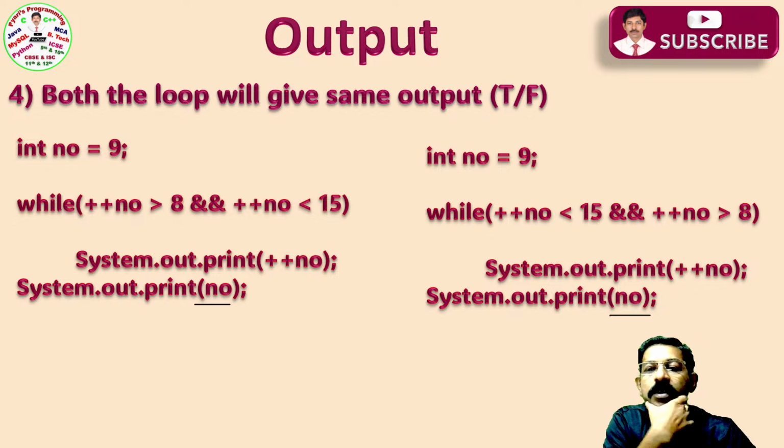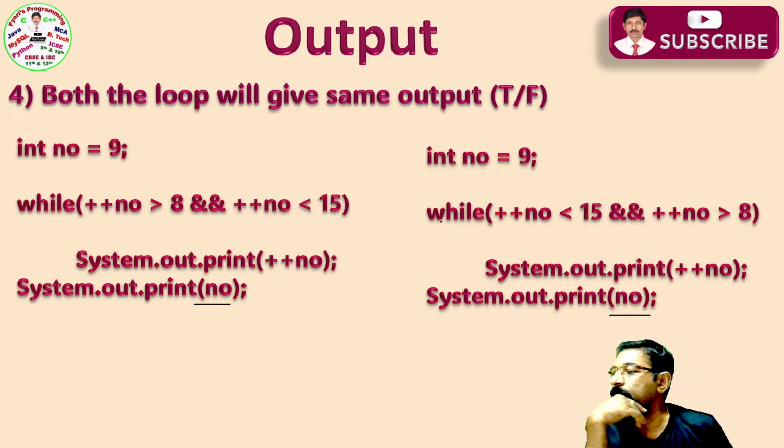Those who are saying false are getting different answers for the first loop and the second loop. False. First one output is 121416. Second one is 121516. Okay, got it.